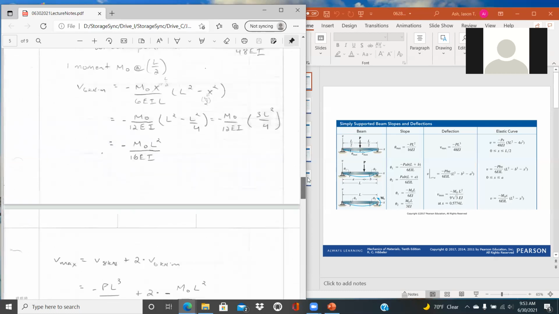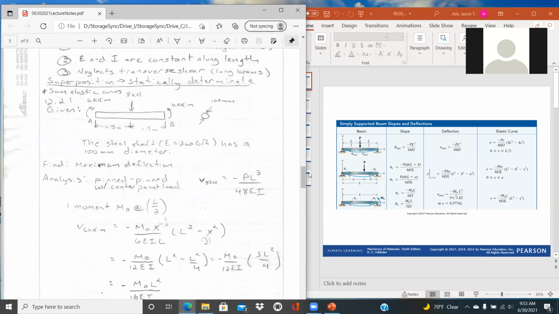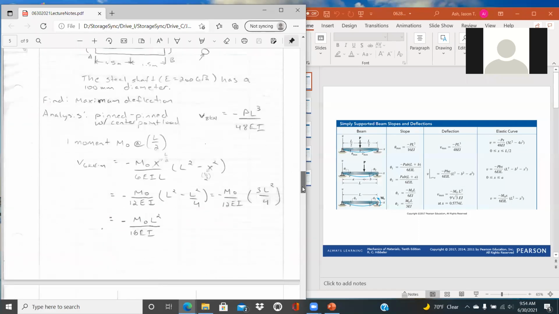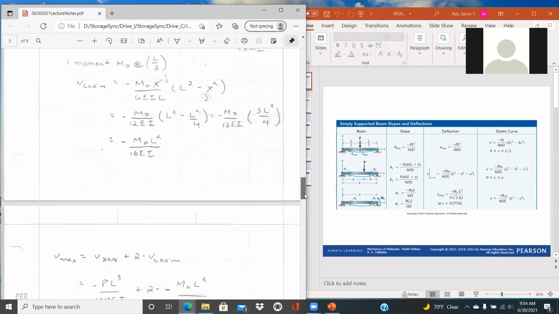And so for this problem, we kind of saw the benefit. What we wanted to know was the maximum deflection. Based on the maximum deflection, if that's what we're after, we could use that directly, or if we needed to substitute L over 2 into the elastic curve, we could make use of both of those expressions and not have to go through the whole integration process to solve for that.